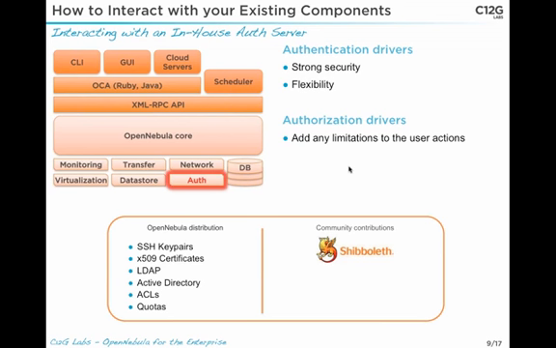There are also more out-of-the-box drivers for authorization, like for instance X509 certificates, LDAP drivers, and there are drivers as well to manage quotas. So this is good for capping the users, for not letting them consume all the resources that conform your cloud. And there are also drivers that manage the ACLs.